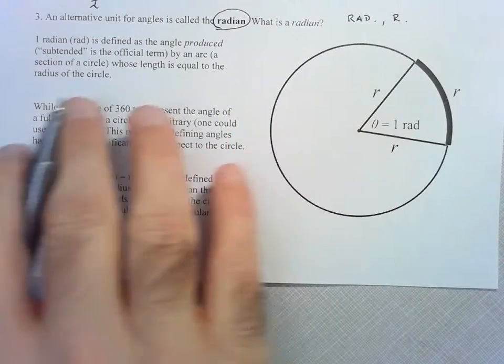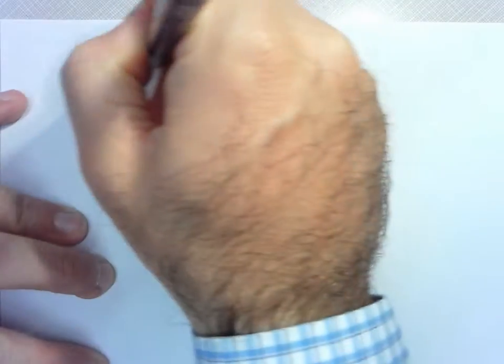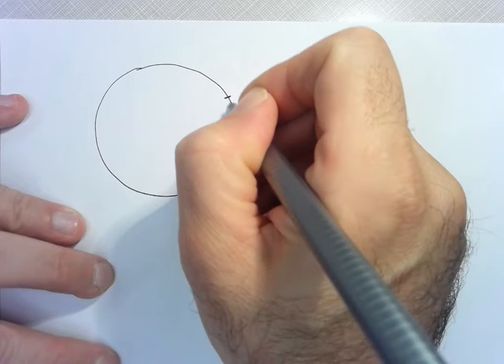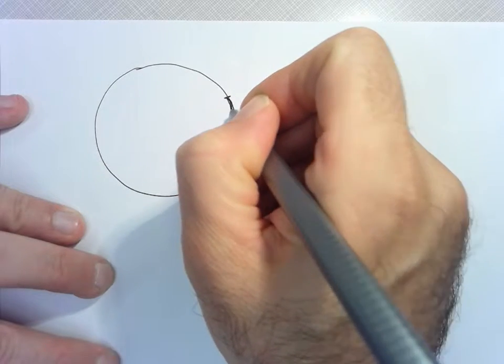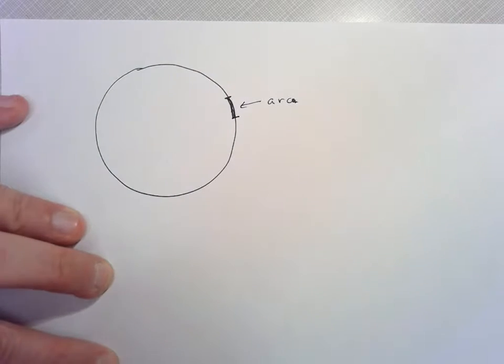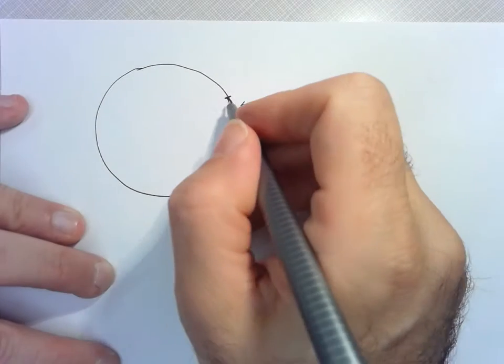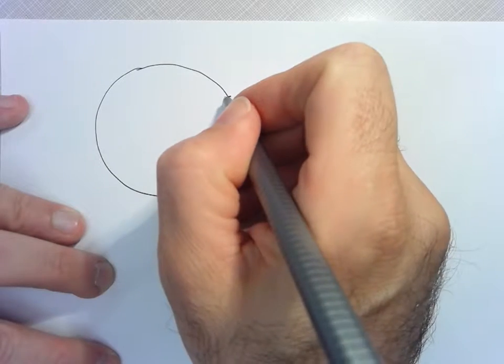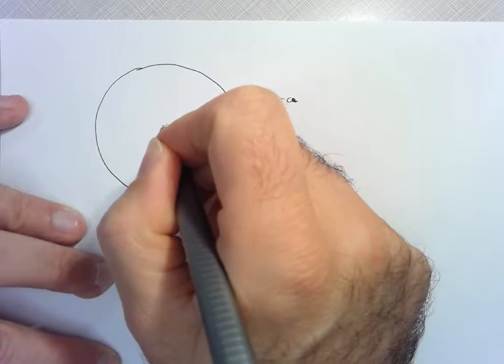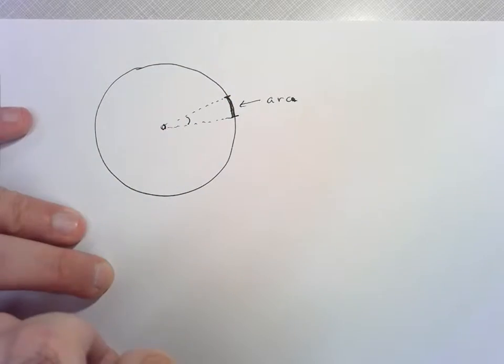So if I've got a circle, an arc is just a section of a circle. That there would represent an arc of a circle. Now this arc produces an angle, because if I join the edges of the arc to the center, I see that it produces the angle.